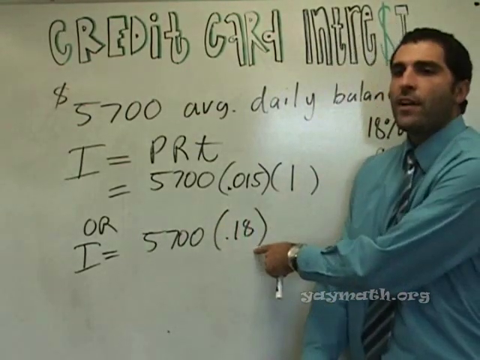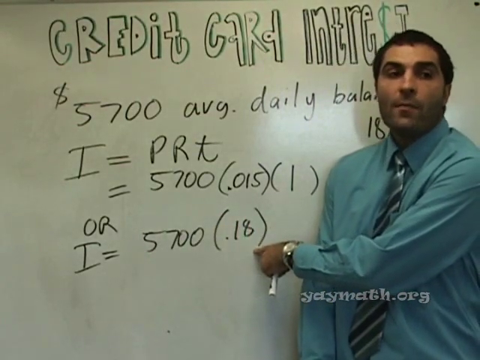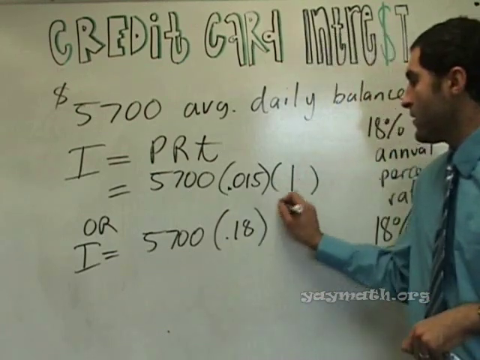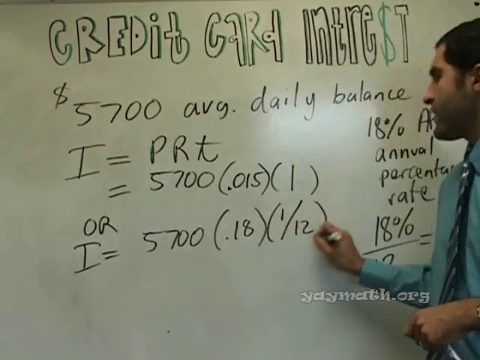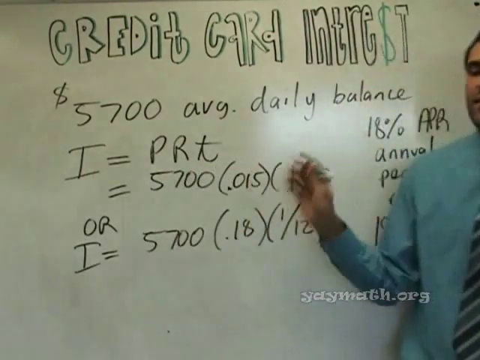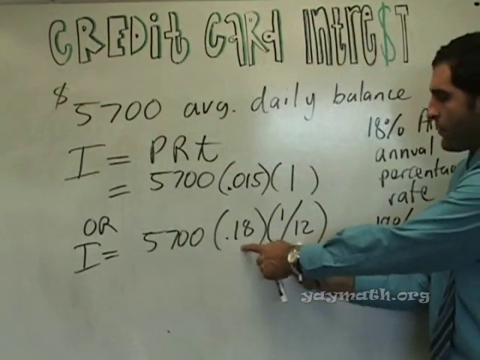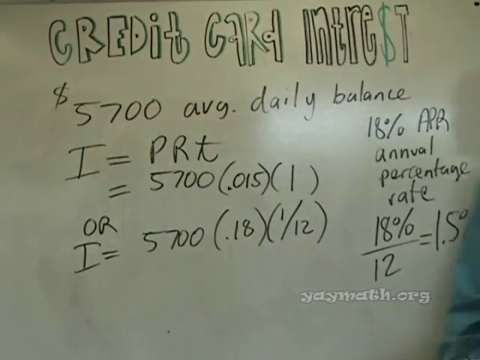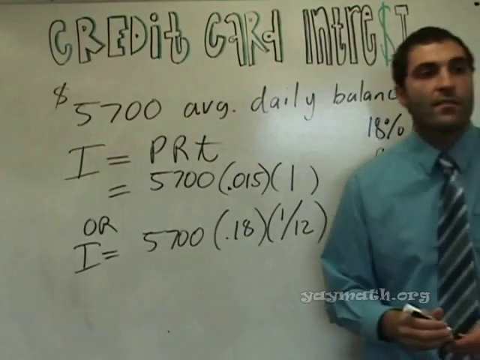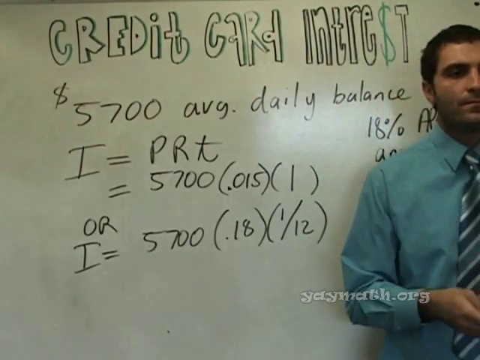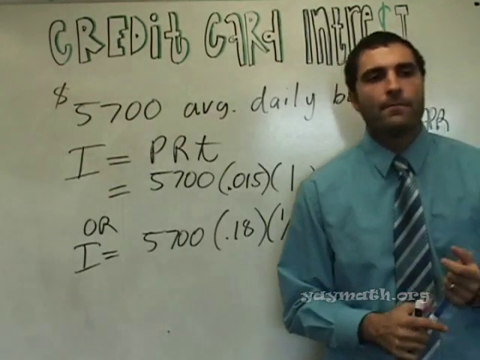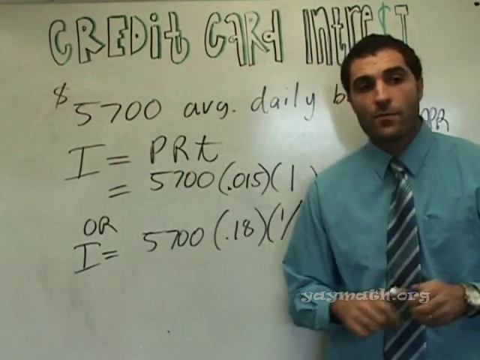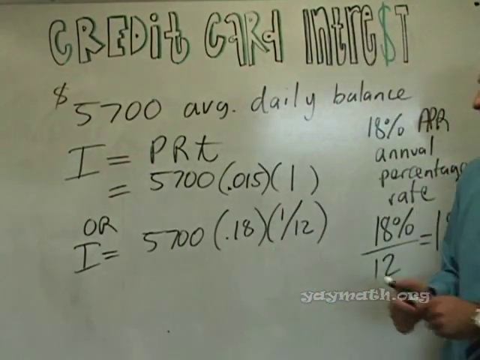So this is an annual rate, right? But we're paying a month's worth, so what would this fraction be? Times 1/12. And you'll get the same thing. This is just dividing the 18 by 12 over here. As long as it's shown that it's divided by 12 at one point. 12 times 1.5 is 18. So you're just breaking it up.